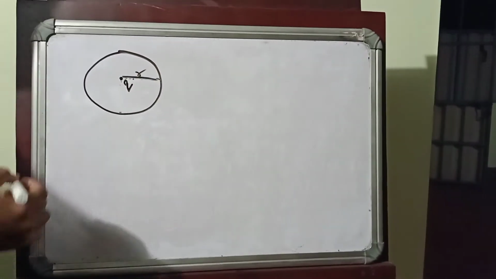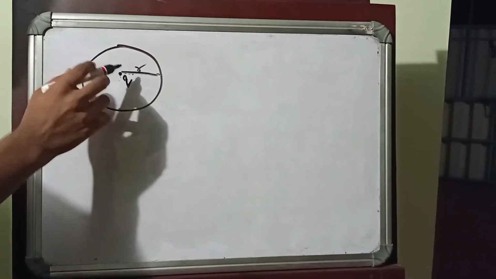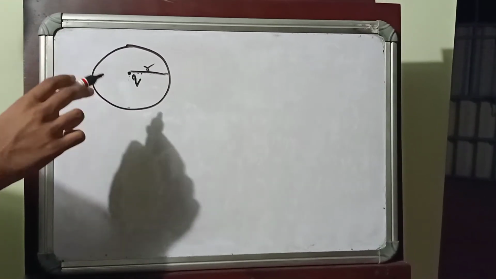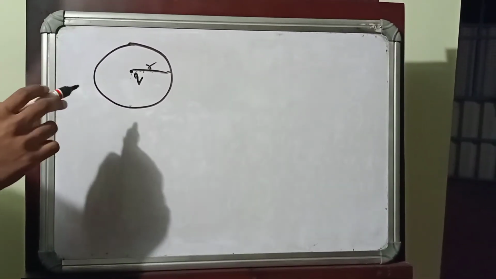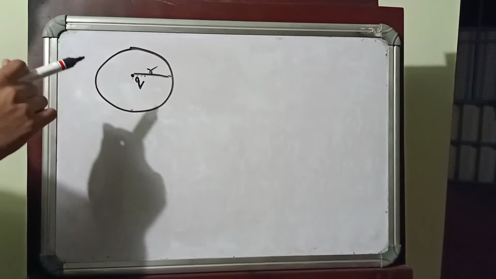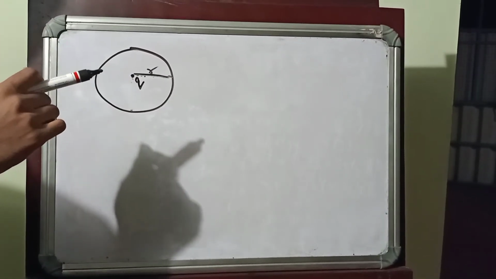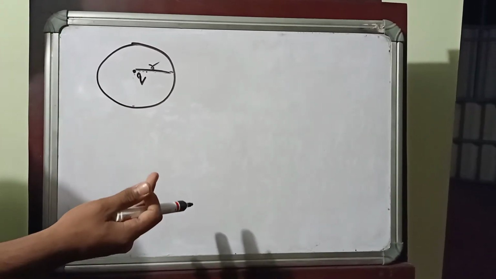Now, the electric field intensity. When a point charge Q is situated at a distance R, which is the radius, the electric field intensity will be radially outwards.